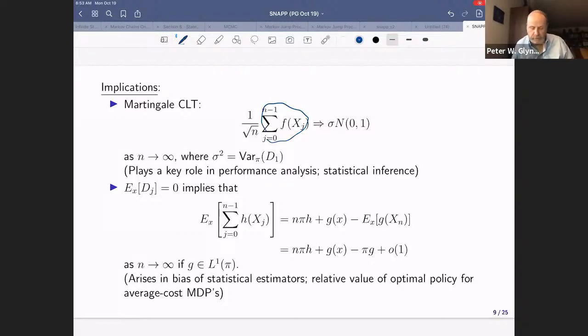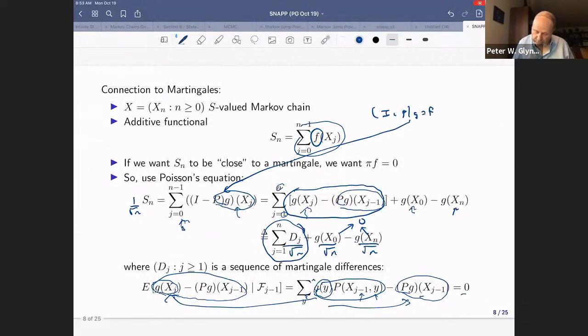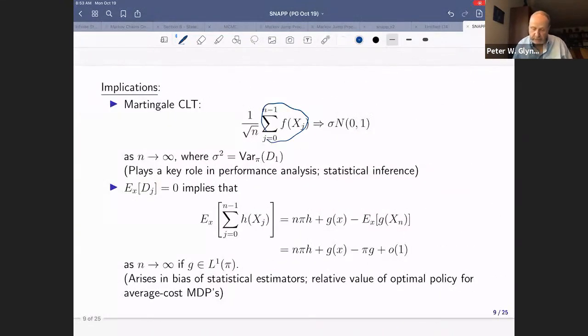And of course, another important aspect of the Martingale structure that we've just identified is again that all of these Martingale differences have mean zero, which means that when you compute the expected value of Sn, you get a lot of simplification. So in particular, if h is now a cost function or reward function, remember, we're always applying Poisson's equation to centered h's.